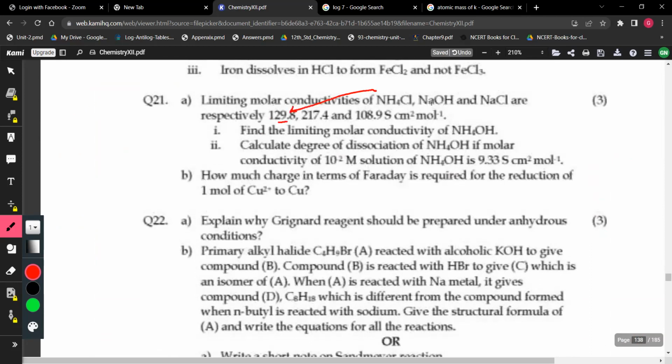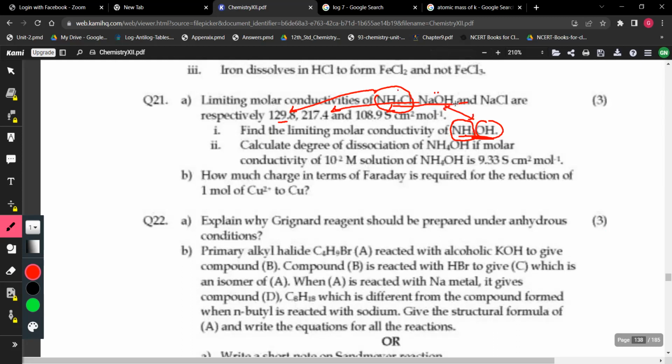For NH4Cl it is this, for NaOH it is this, for NaCl it is this. Calculate the limiting molar conductivity of NH4OH. So we have to take the molar conductivity of the electrolyte containing the cation of the required electrolyte, which is this one, and to that you have to add the lambda naught m value of the electrolyte containing the anion of the required electrolyte.